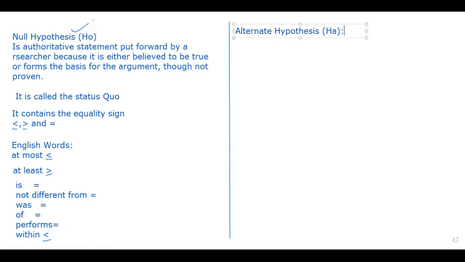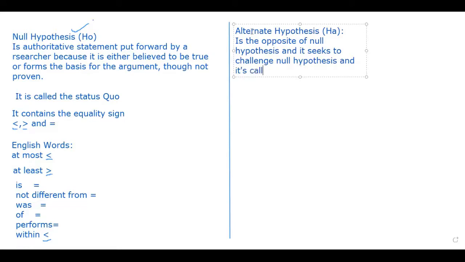The null hypothesis. So this one, we are saying that it is the opposite of the null hypothesis.